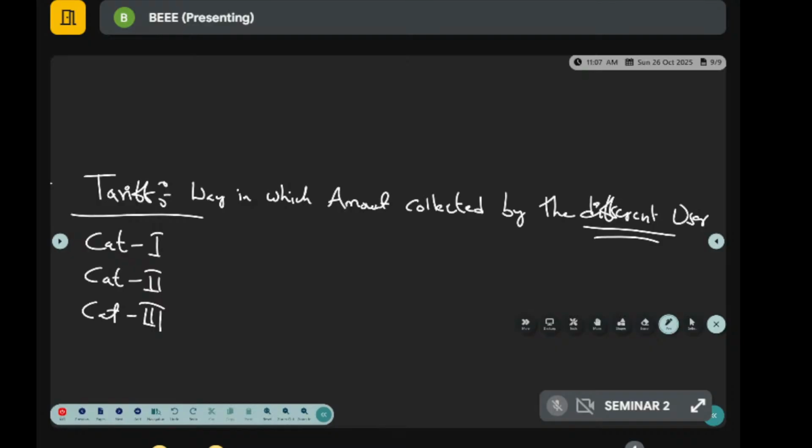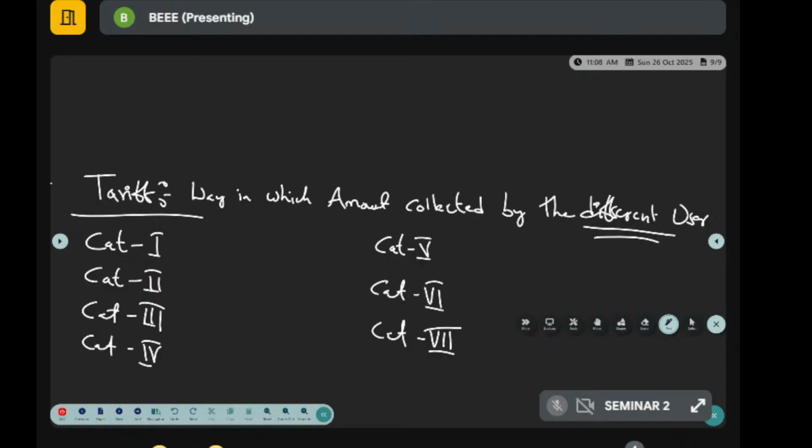They are divided into 7 categories. I am giving this in general; it may vary with respect to states.